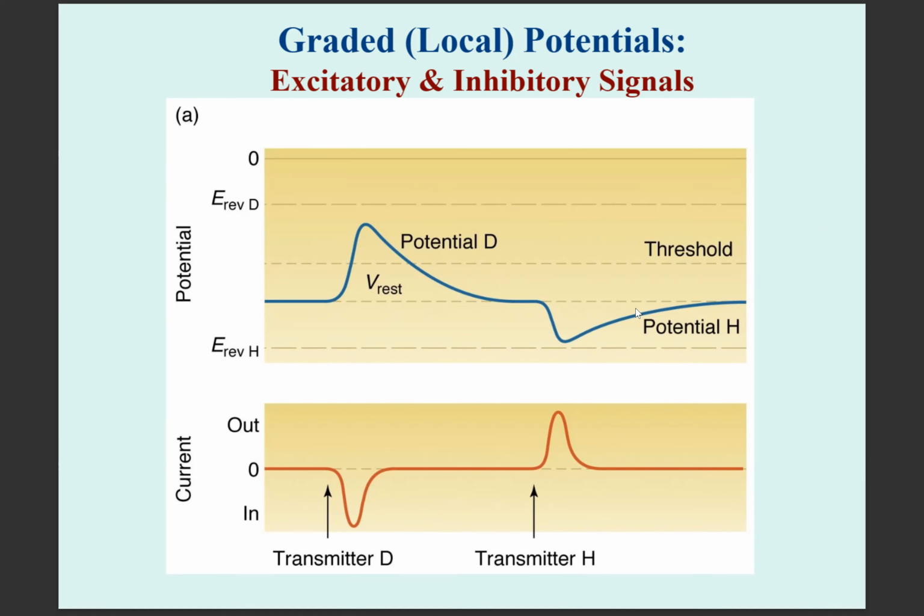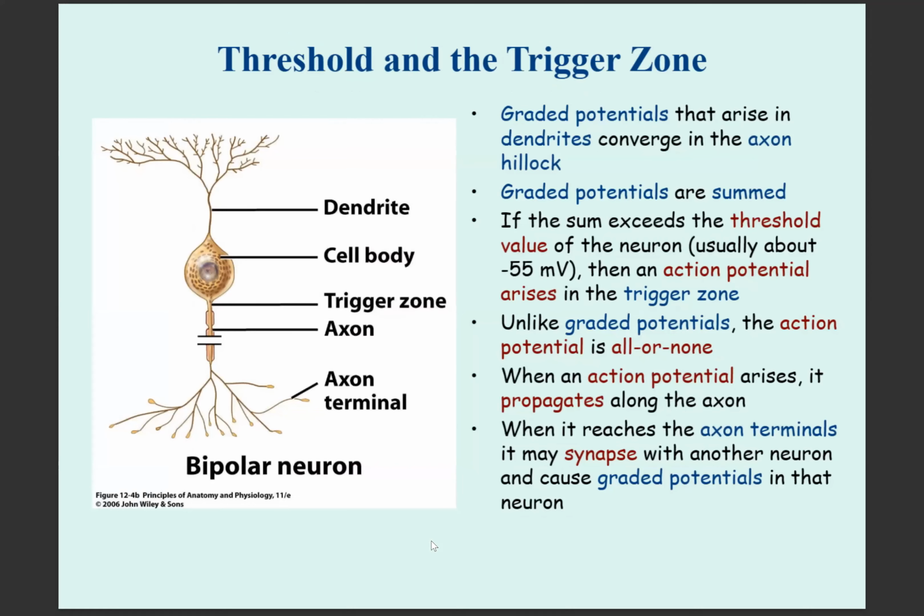For the inhibitory signal, what we see is that there is a decrease in the membrane potential of the cell.